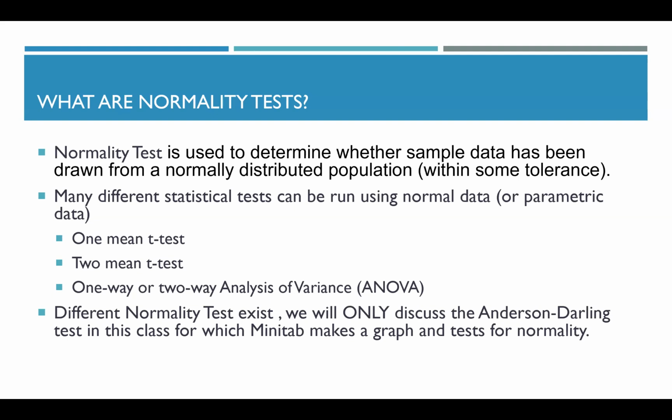Minitab will give us a graph and conduct the test for normality for us, but the one we're going to use is called Anderson-Darling. What we're basically asking ourselves is, is this variable normally distributed? And ultimately, it's going to be yes, it is, or no, it's not.